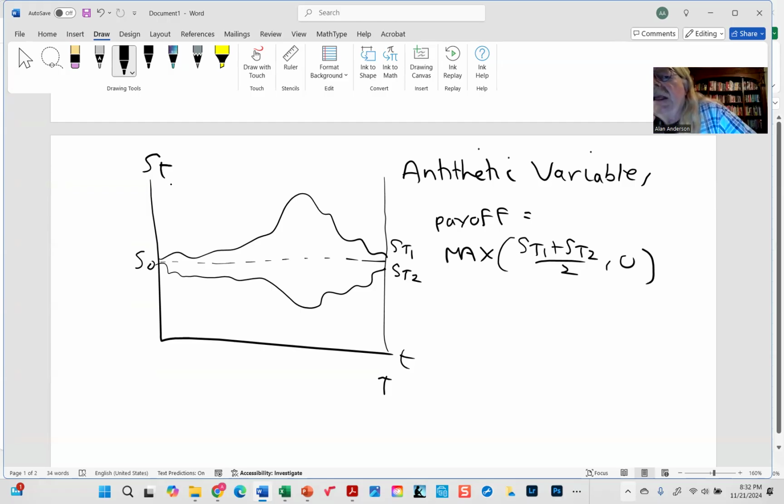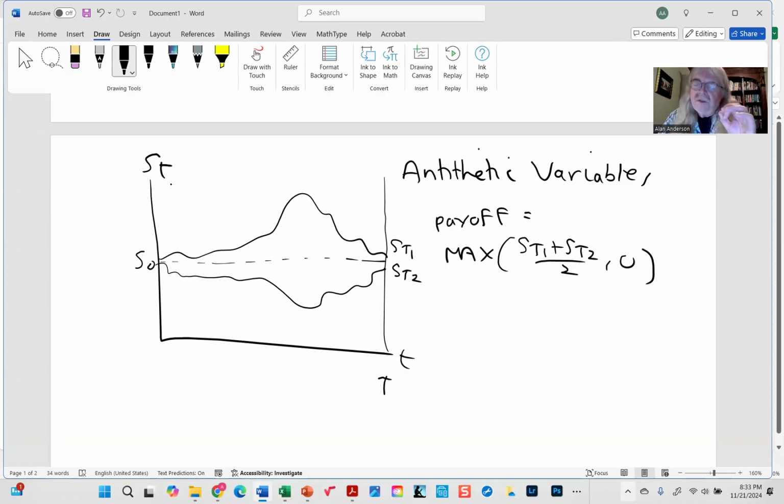So each price is taken from a pair of paths rather than a single path, which makes you think, isn't this twice as much work? You would think so, but because these are averages, the standard error is being reduced proportionately to radical 2. And so you end up with the possibility of getting the same level of accuracy with fewer paths.